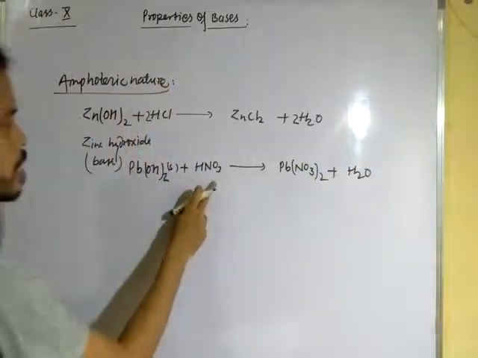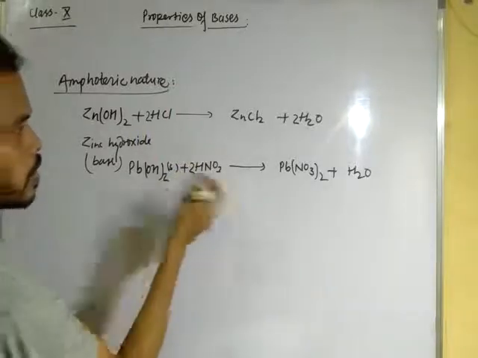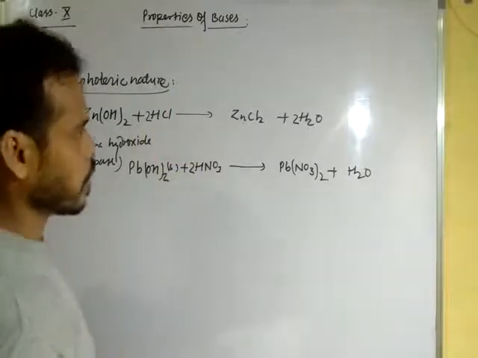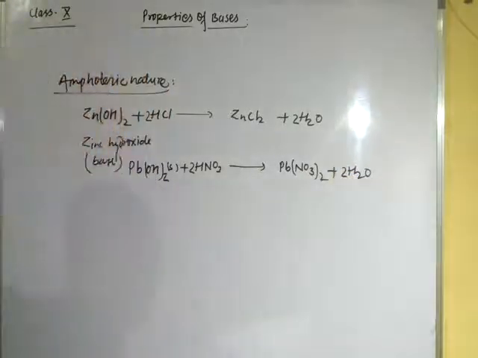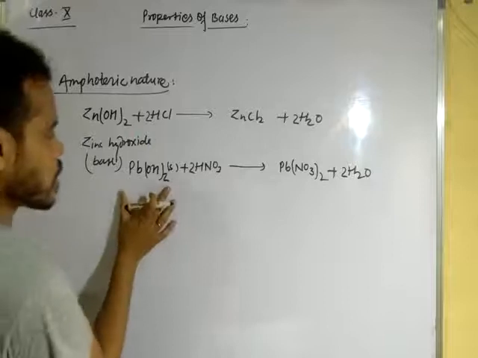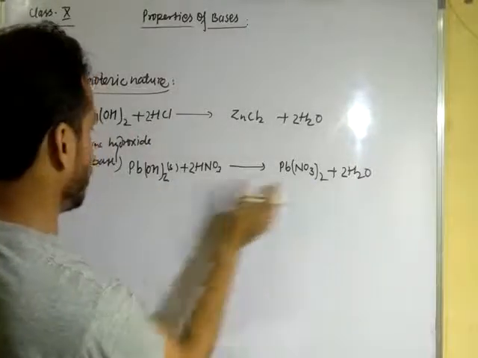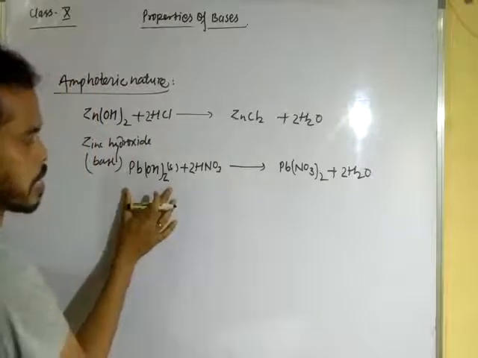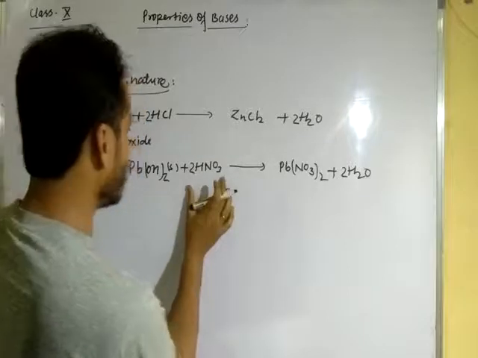To balance this reaction, multiply HNO3 with 2. Okay, so when lead hydroxide is treated with nitric acid, it forms lead nitrate. Here it acts as a base, and nitric acid is the acid.